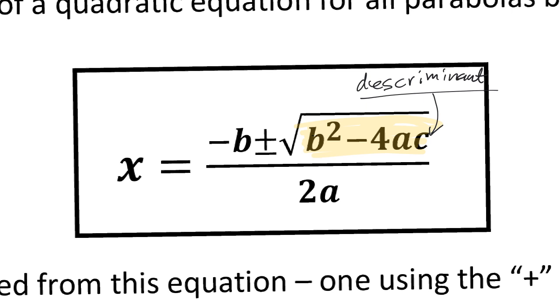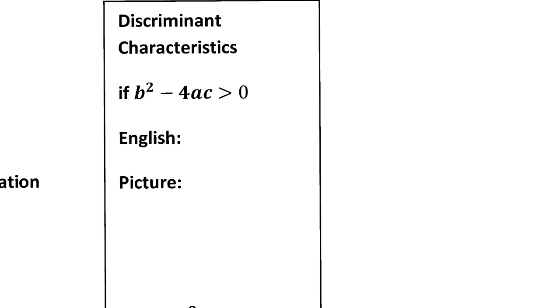So now let's go over what all of this means for b squared minus 4ac. This is the most important part, and then we'll come back and talk about how we use it. On your printout that I've provided for you, we have an entire column that talks about the discriminant.